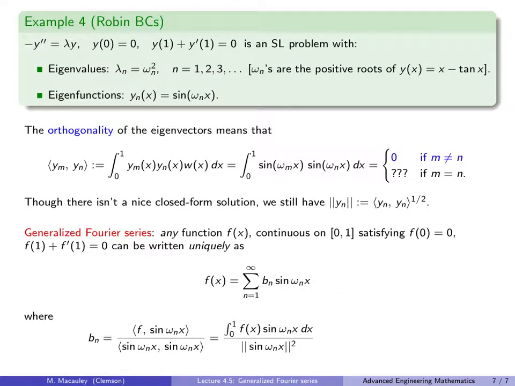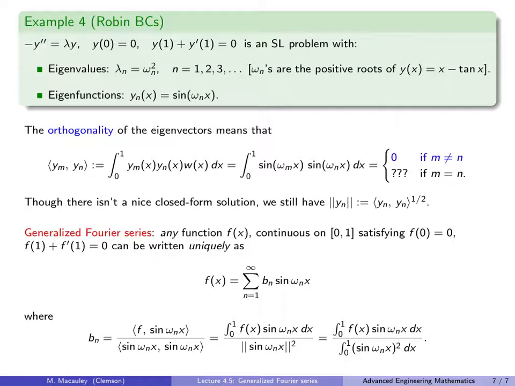So that's the integral from 0 to 1 of f of x sine of omega n x dx divided by the norm squared of sine of omega n x. On the bottom, it's the integral from 0 to 1 of sine squared of omega n x. Okay, so we have a formula for bn, not going to be a closed form, but if you have a computer, this is something you can absolutely do.